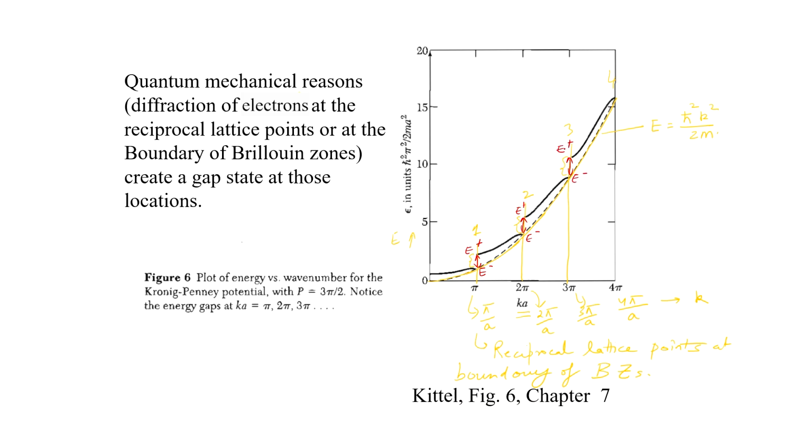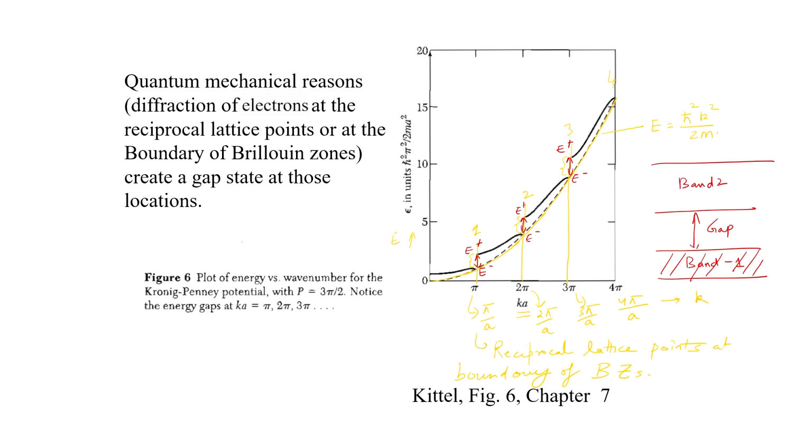So, if you now plot it schematically, it will look like this. You have the first band, this is band 1, which is separated from the second band like this. This is a gap, this is band 2.